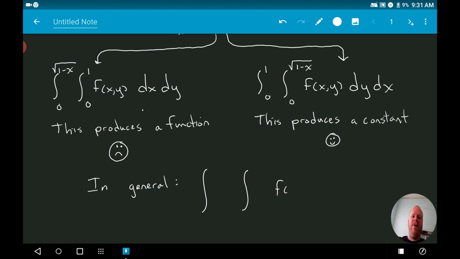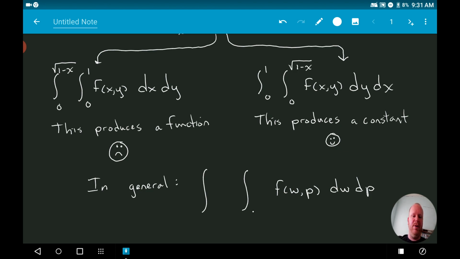I'm going to be very general about this, and I won't even call them x and y. I'll just call them w and p. It really doesn't matter what. It's not always going to be dy dx or dx dy.